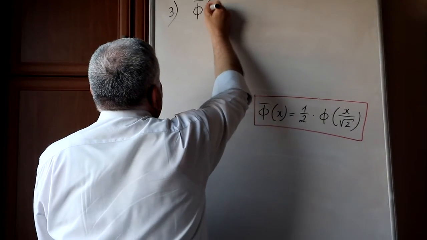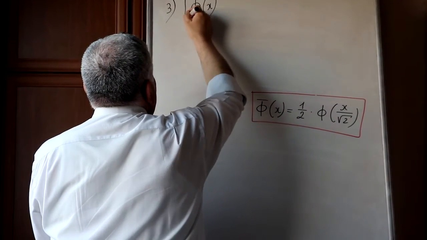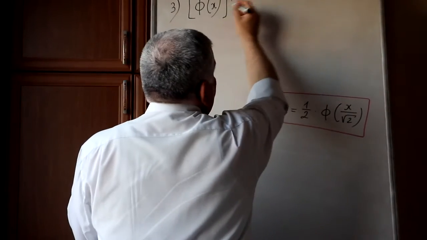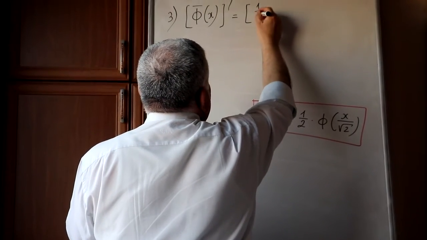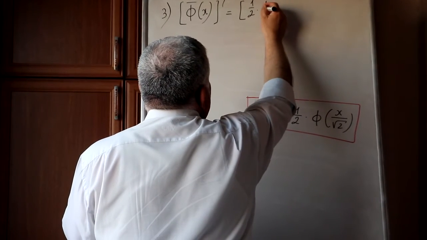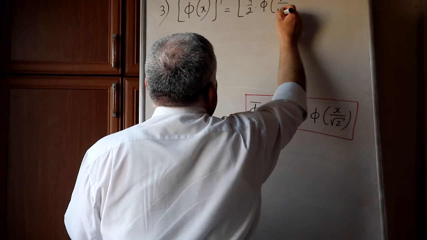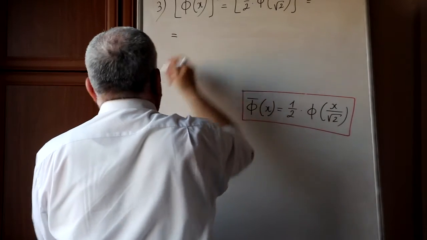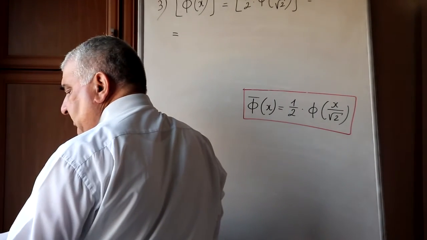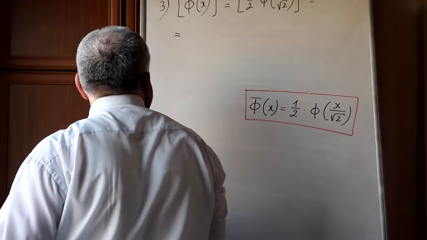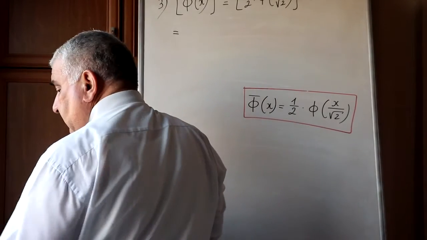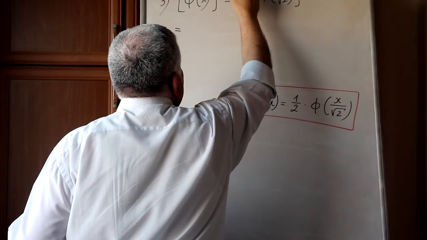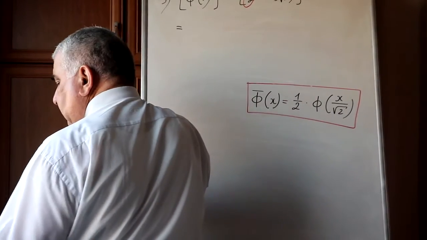Phi bar of x prime is equal to 1 second multiplied by phi of x over square root of 2, prime. Here 1 second is the constant factor which can be taken out of the derivative symbol.